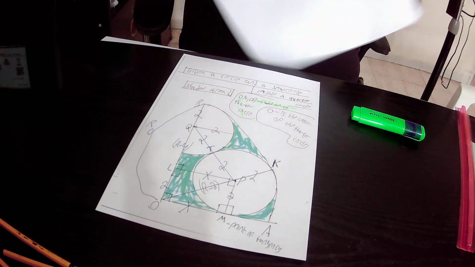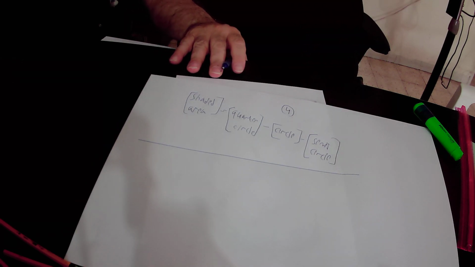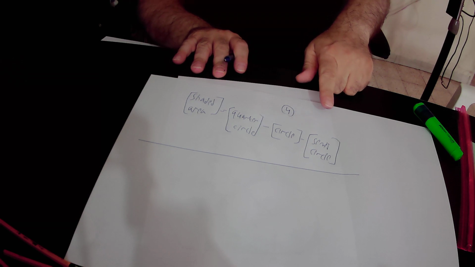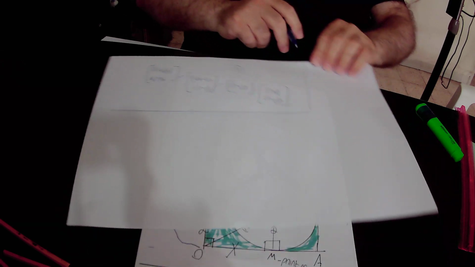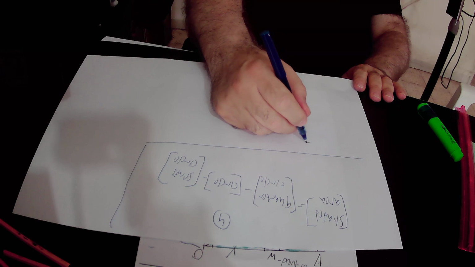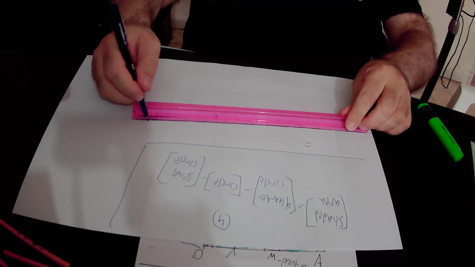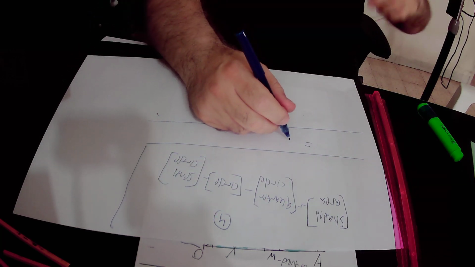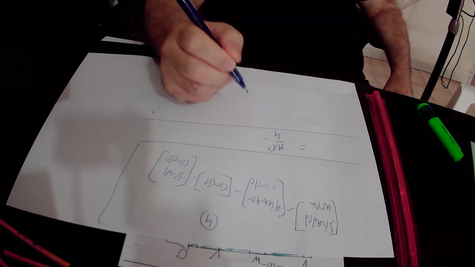I'll repeat again. The value of the shaded area equals the area of the quarter circle minus the area of the circle minus the area of the semicircle. Okay, so here the value of the shaded area equals the area of the quarter circle, that is pi r squared over 4, minus the area of the circle.